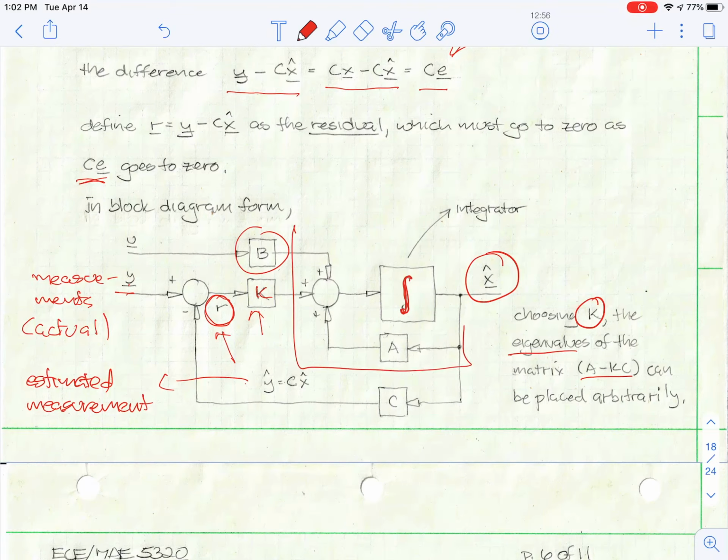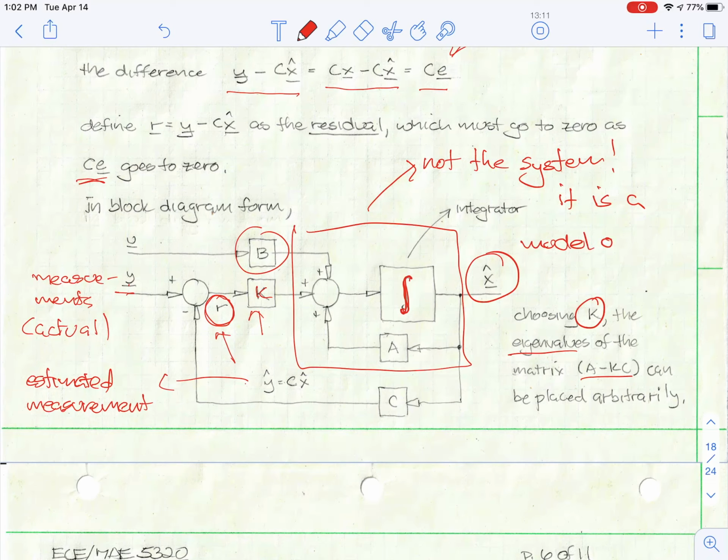This is not the system. This is a model of the system. That's really critical to this, because I haven't just tacked this onto my system.